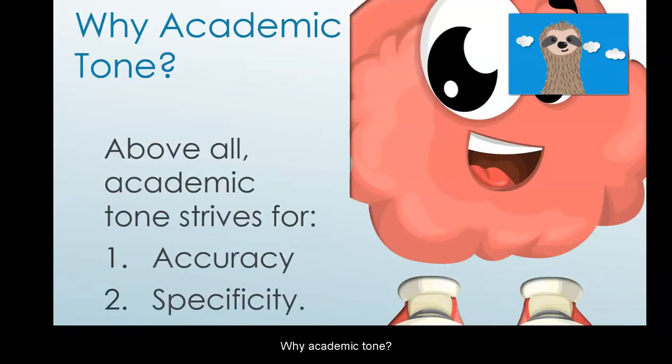And why academic tone? Because above all, academic tone strives for accuracy and specificity. So by using academic tone, you're actually being more accurate and more specific, which sounds a lot like academia, right? Science.